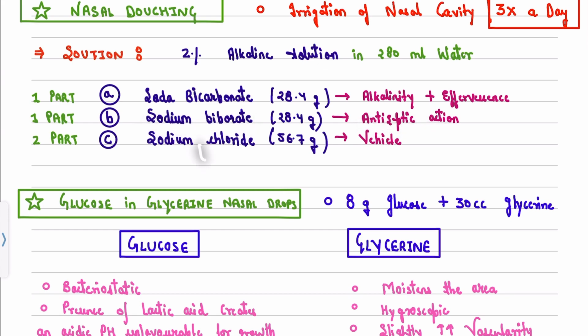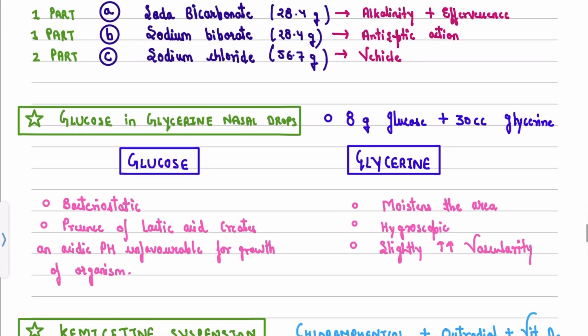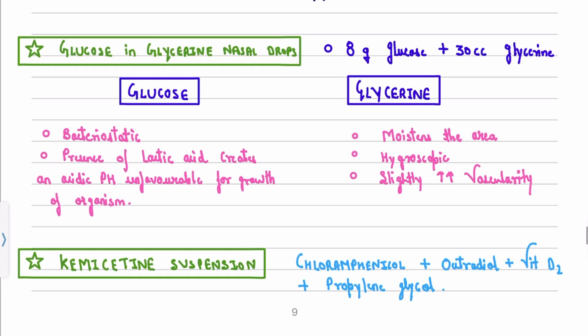Sodium chloride acts as a vehicle for carrying these two chemicals. Now let's see the next medical management, glucose in glycerin nasal drops. We take 8 gram of glucose and 30 cc of glycerin and mix them together to form nasal drops.